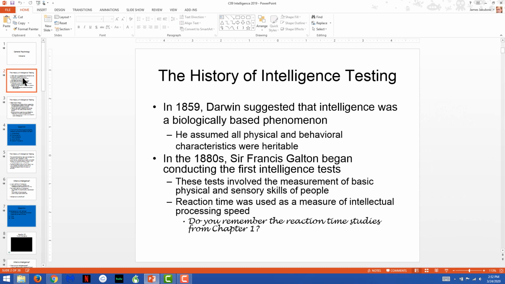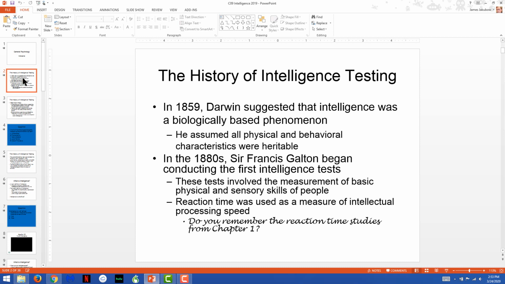But there are no intelligence tests in the 1880s that look like intelligence tests today. In fact, Galton relied on the very basics of the beginning of psychology at that time, reaction time studies, psychophysics, and as well as some additional measures that Galton himself will actually create.